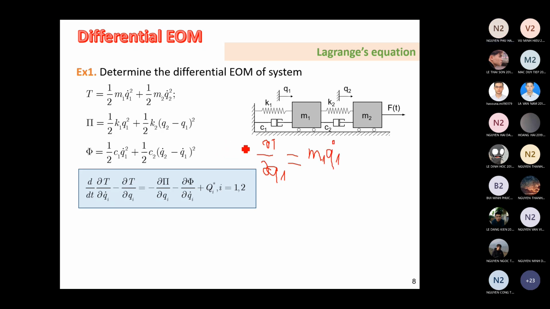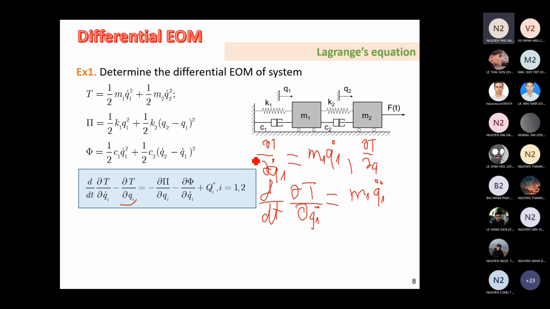Only this one. And then take the next derivative. It is M1 multiply Q1 double dot. Move on with this one: zero. This one is 0.